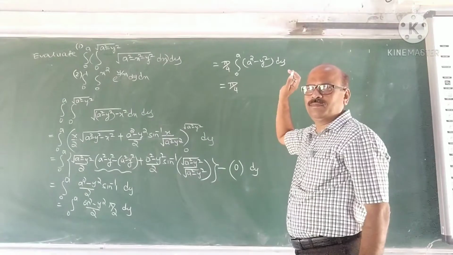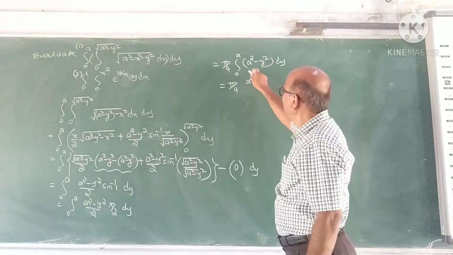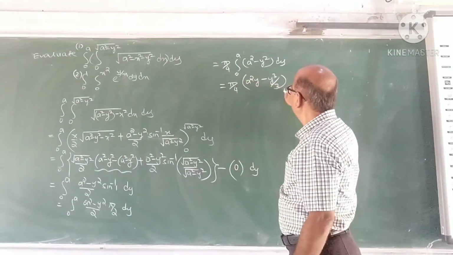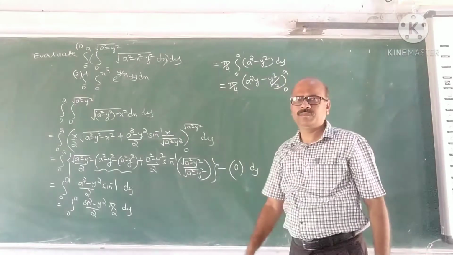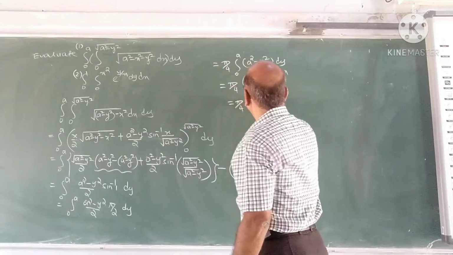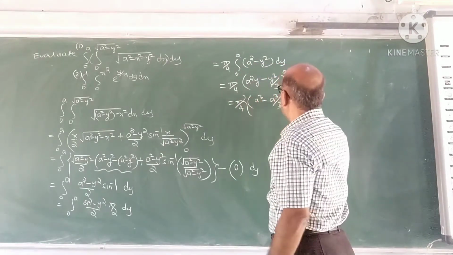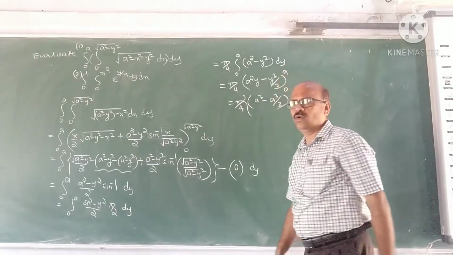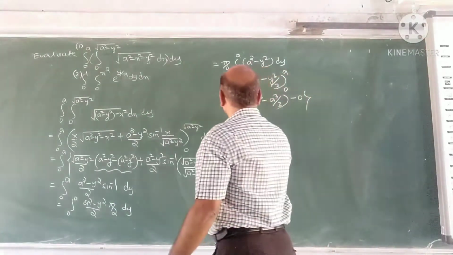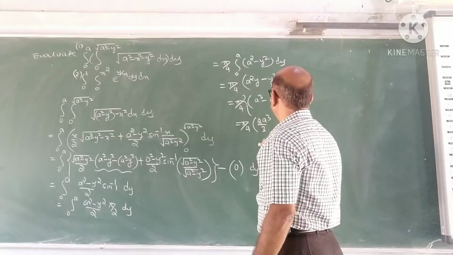What is the integration? a square is constant, so a square dy, and y square gives y cube by 3, from 0 to a. Therefore, pi by 4 times a cube minus a cube by 3 minus 0. Lower limit is 0. Therefore, pi by 4 times 2a cube by 3.